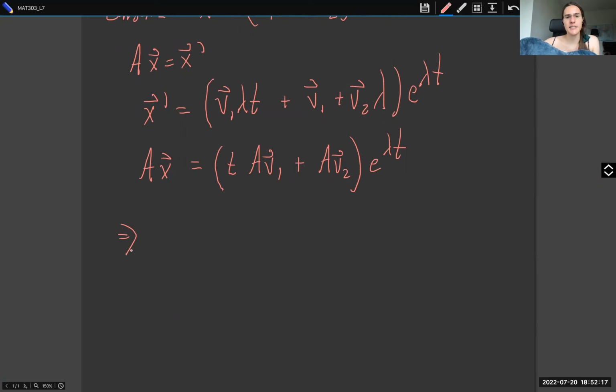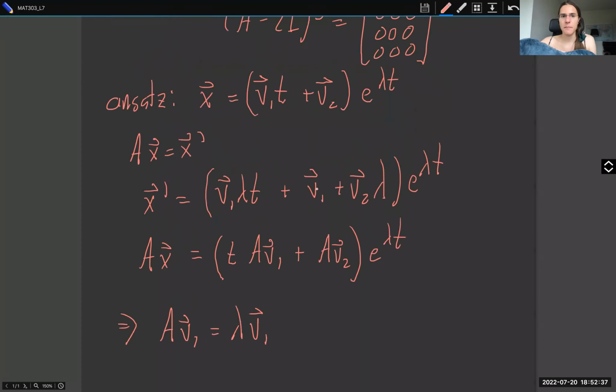That implies that, looking at the part with t, A v1 is equal to lambda v1, right?